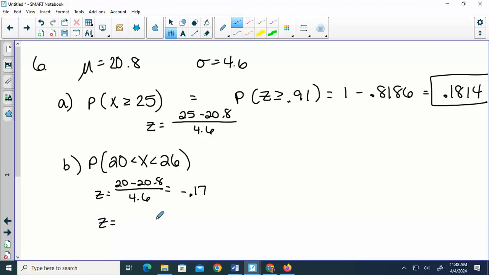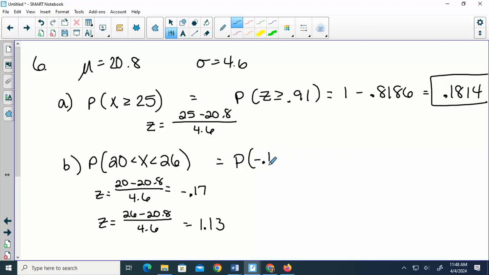And for 26, minus the mean, divided by standard deviation, we get 1.13.